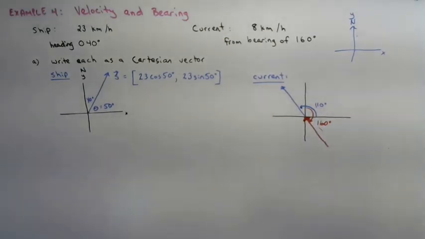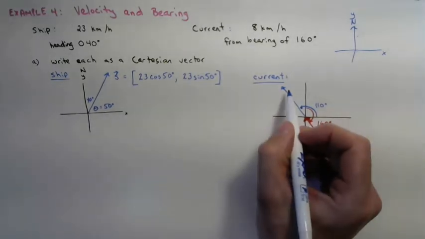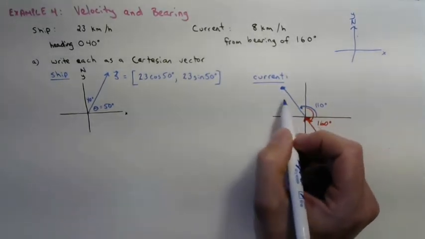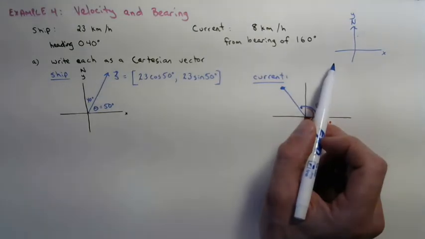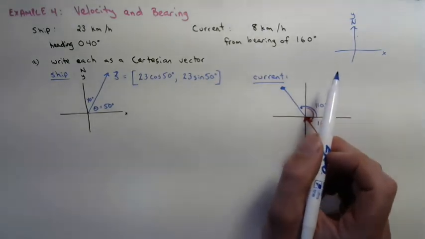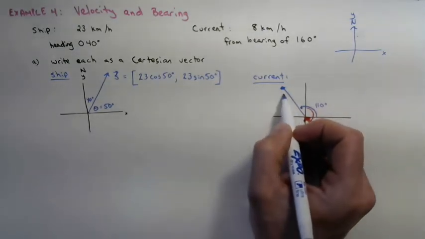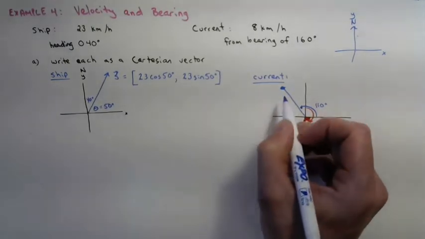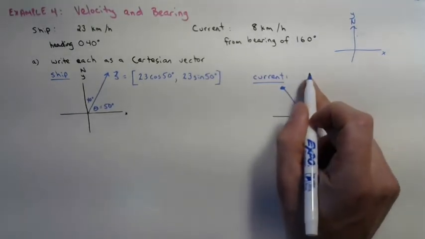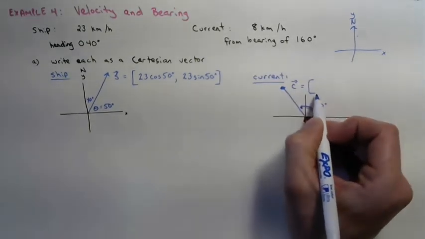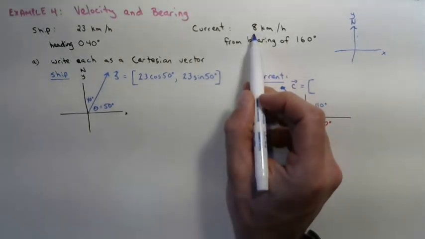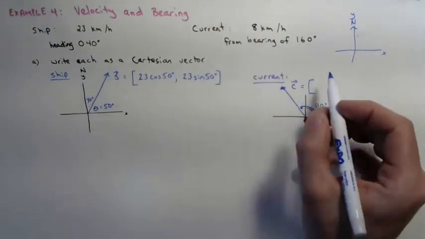And why do we need to do that? Well, we need to express vector c with respect to the positive x-axis in order to get its velocity. So the velocity of the current, we know the magnitude of this vector c is 8 kilometers per hour.